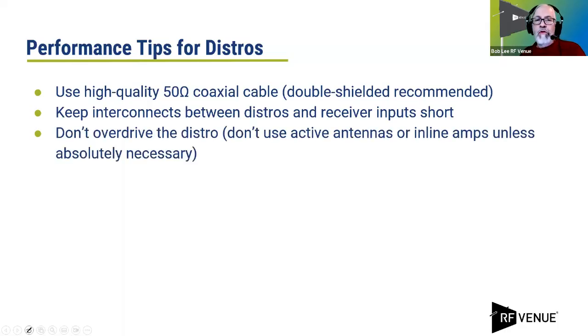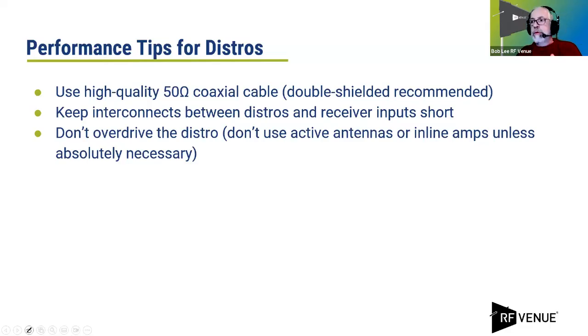And don't overdrive the distro, because that's what causes intermod. Intermodulation is a bad thing that happens when we have multiple RF signals, and it only happens in circuitry that's nonlinear.